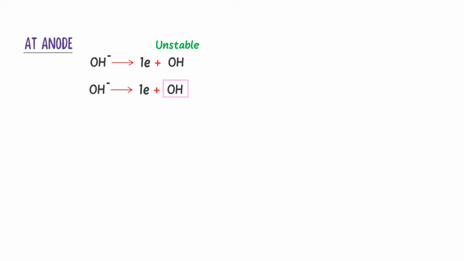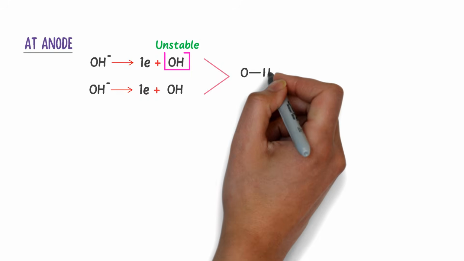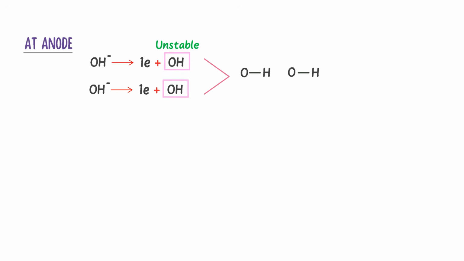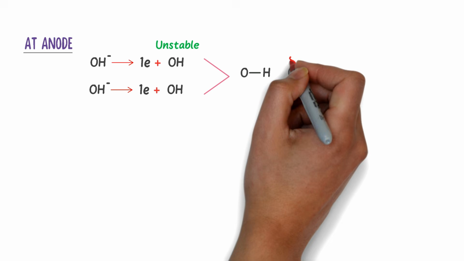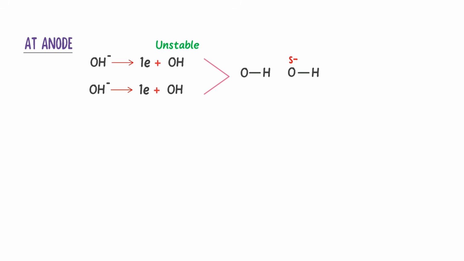Now listen carefully. Let me write this OH and this OH here. We know that oxygen is a highly electronegative atom. So it will attract the shared pair of electrons towards itself. As a result, partially negative charge will appear on it and partially positive charge will appear on hydrogen. Also, in this OH, partially negative charge will appear on oxygen and partially positive charge on hydrogen.